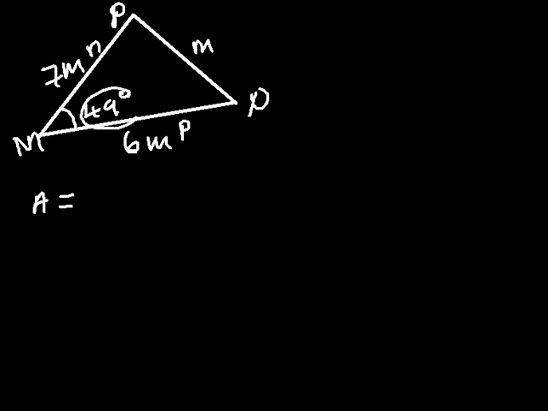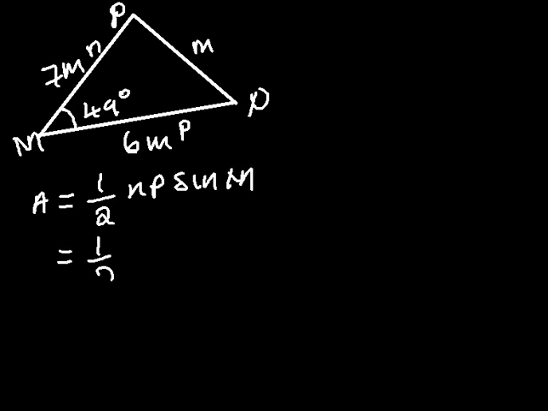We are given the angle, which is 49 degrees. Are we given the sides that have formed that angle? Obviously yes, we have the side N and also the side P. So we are safe to apply the area rule. It means we have half times N times P times the sine of the angle M.